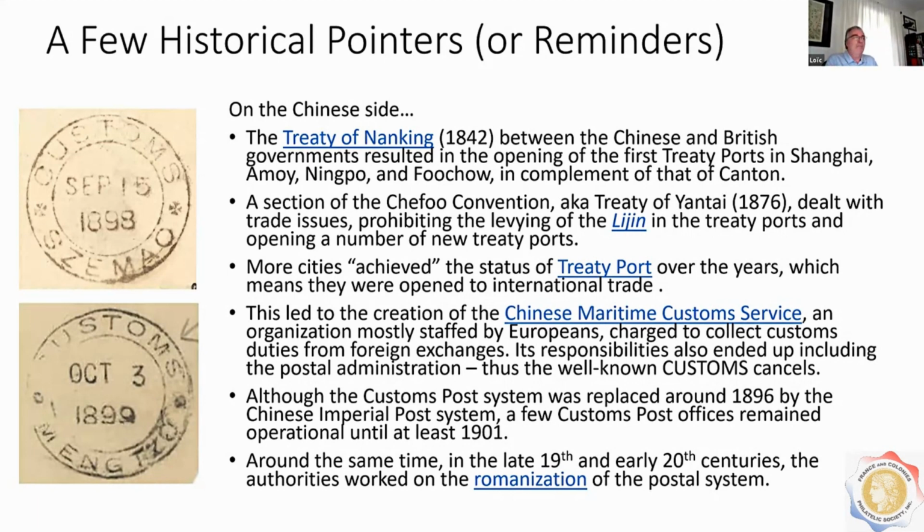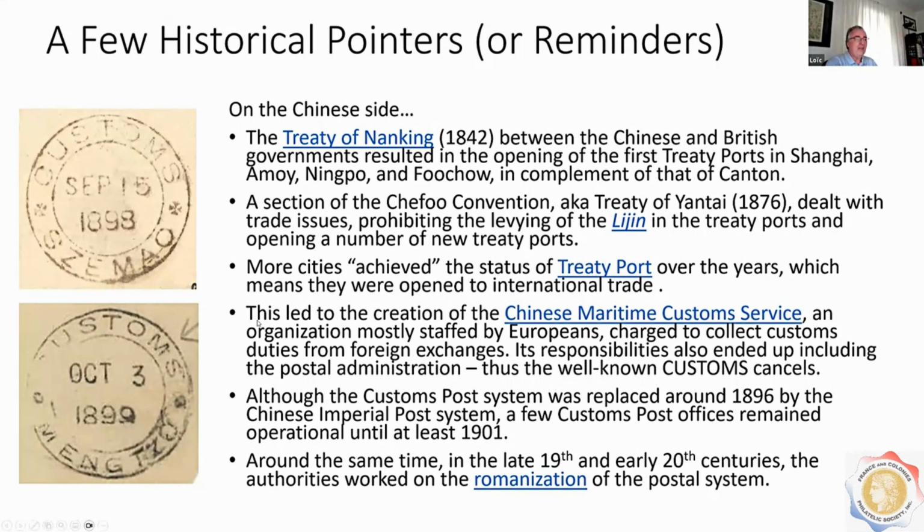I have put here two covers that are typical of that time. Of course, you will find them with pretty much any of those cities that had a treaty port status. Those two here, Semao and Mengzu, obviously are not ports because they're in Yunnan, way inside the country.